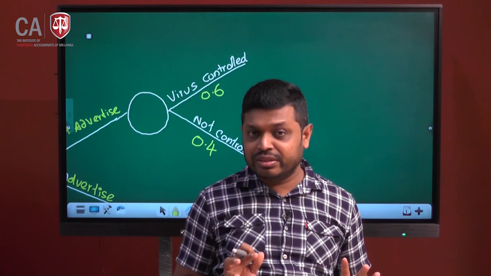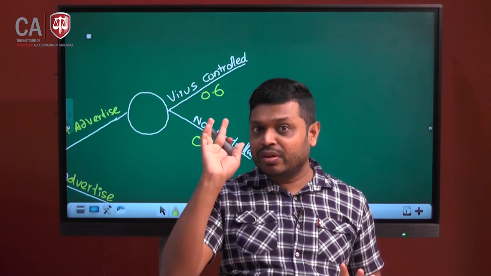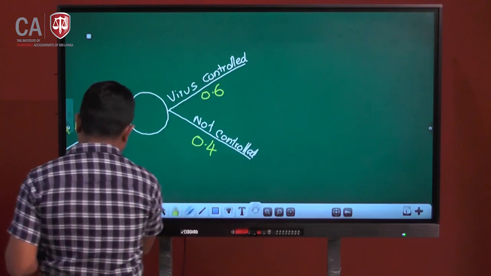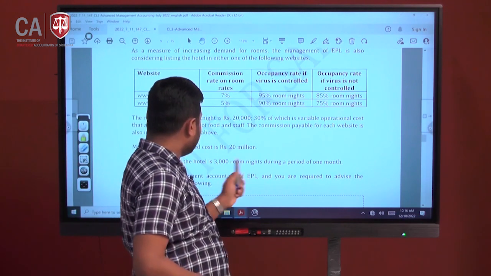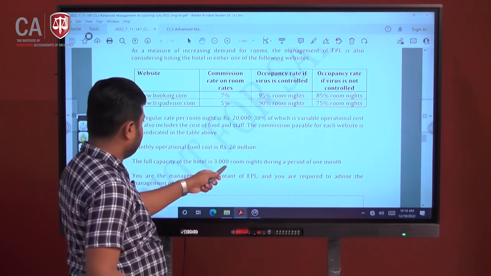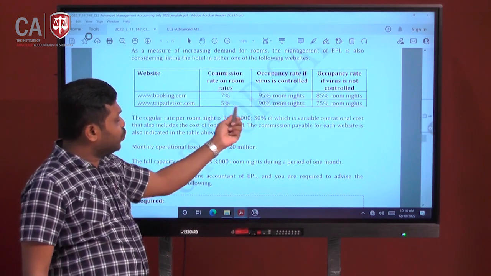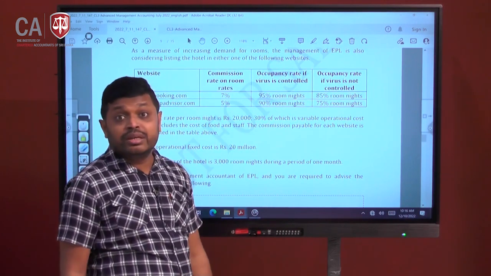Total room nights available is 3,000. You can go back and see. Total room nights available 3,000 room nights. The price is 20,000 and variable cost is 30%.